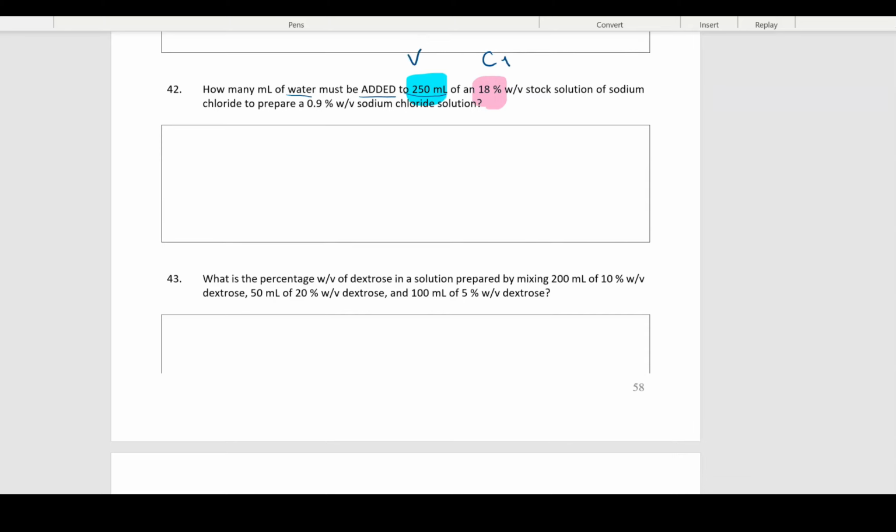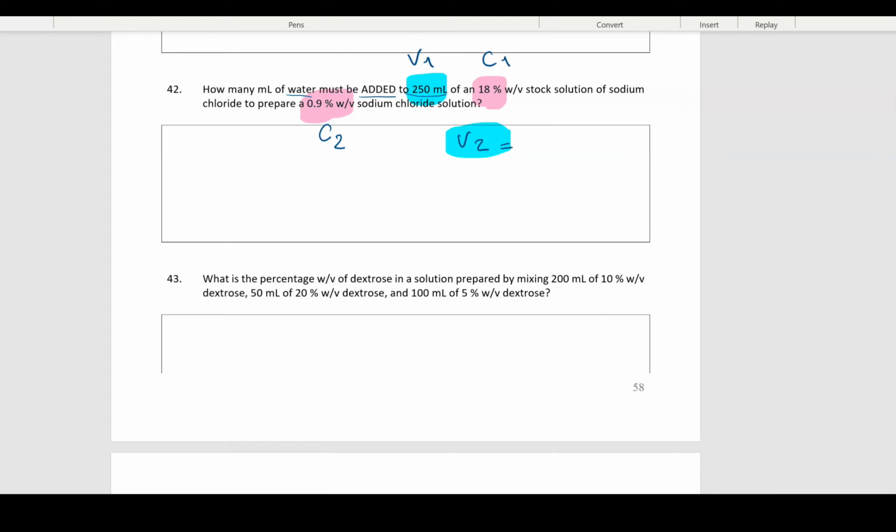We have a solution of sodium chloride of 0.9 percent, which is our second concentration, and we are looking for our V2.